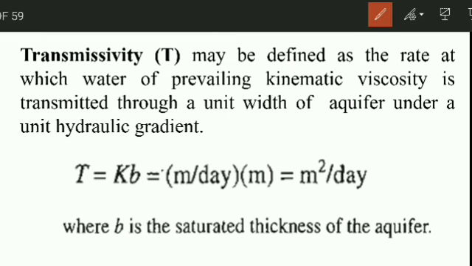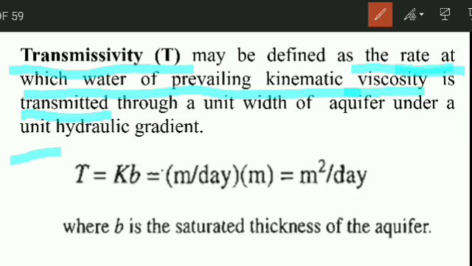So what does it say? Transmissivity is defined as the rate. The word itself tells you that transmissivity means water is transferred from one place to another place, so it is a rate. It is the rate at which water of the prevailing kinematic viscosity is transmitted.